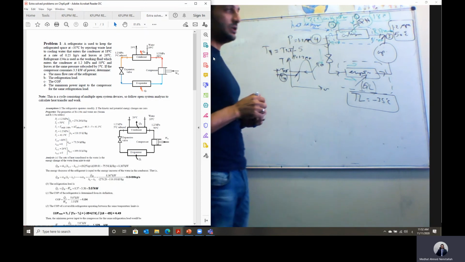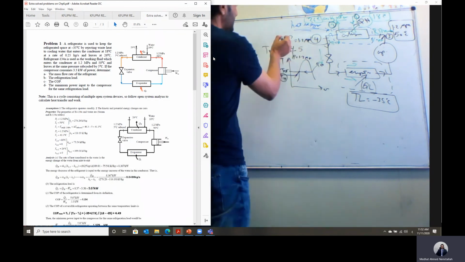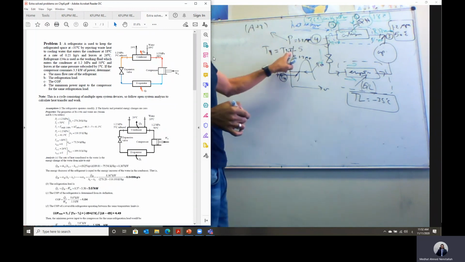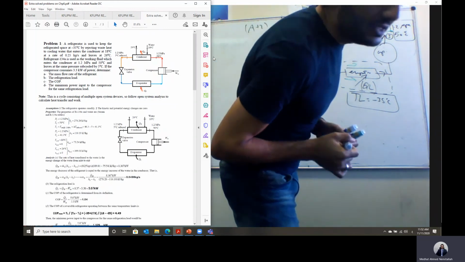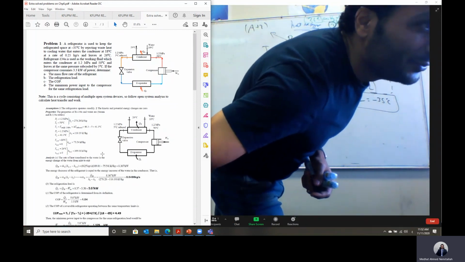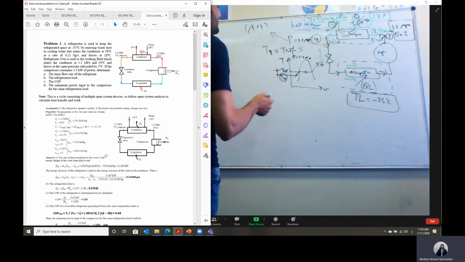If you get the saturation temperature at this given pressure, this is refrigerant, so from the pressure table I can go to table A12, and you will find the saturation temperature equal to 46.3.